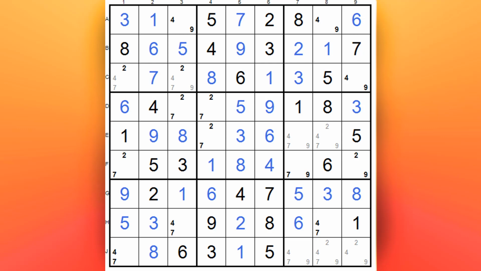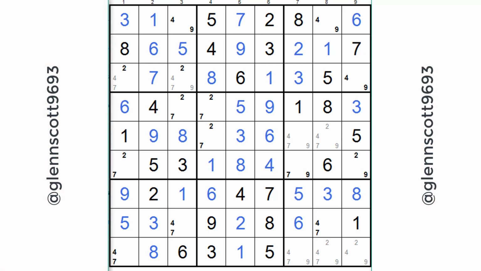If you go back there, you'll see that there were 3 solutions suggested, and I'm going to look at Glenn Scott's solution, Glenn Scott 9693, because he was the first one back and it's one that I understand, and it also uses something that was used for video 83, the same type of solution, which I'm beginning to like.